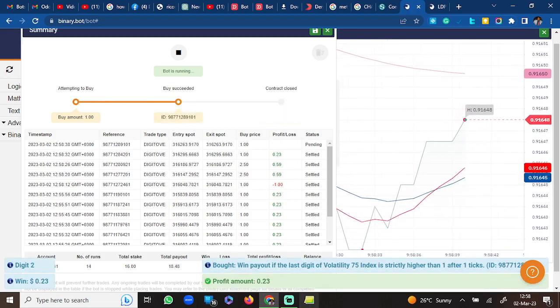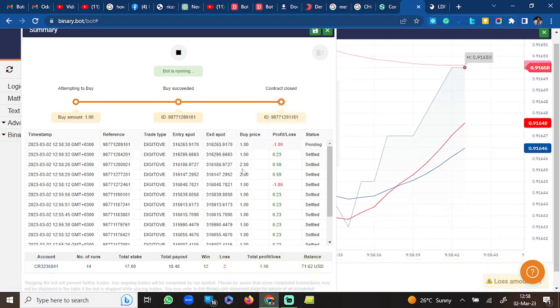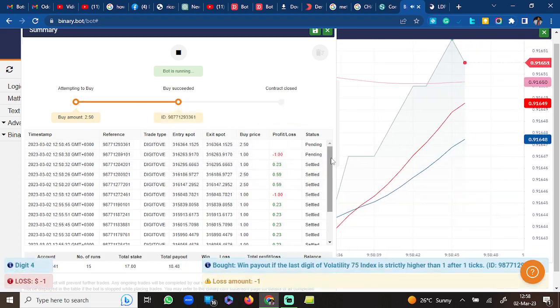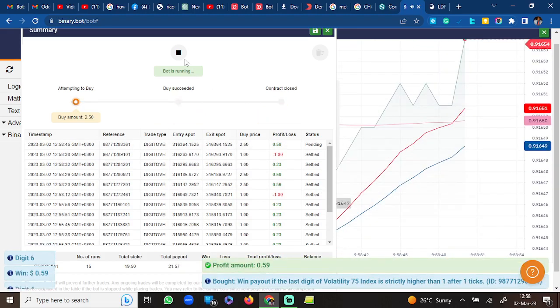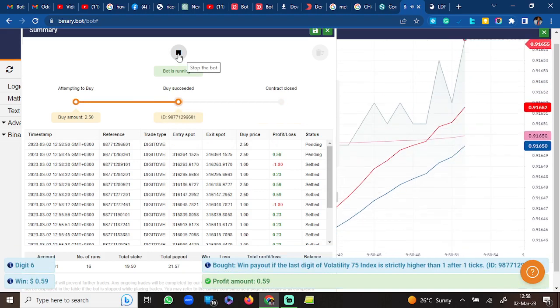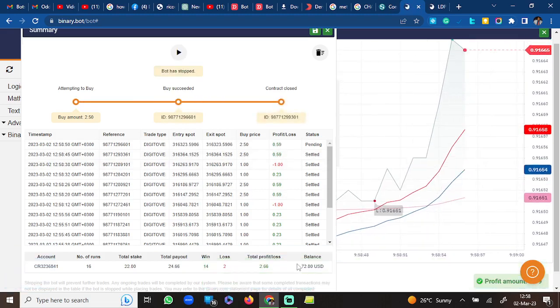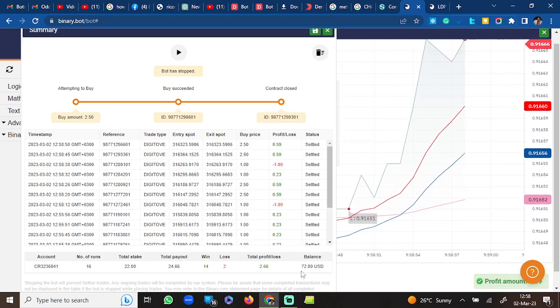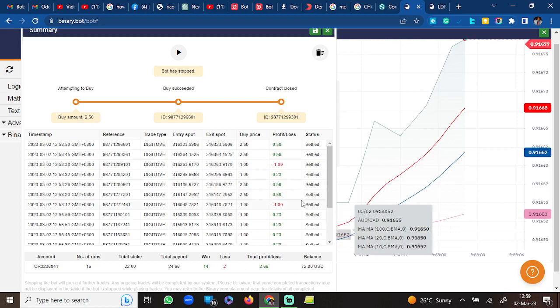The good thing about this bot, you see, we have losses coming in. So it's always recommended once you win. So like this, I'm not going to proceed. You can stop your bot and have the profit, because now these losses are starting to come in.